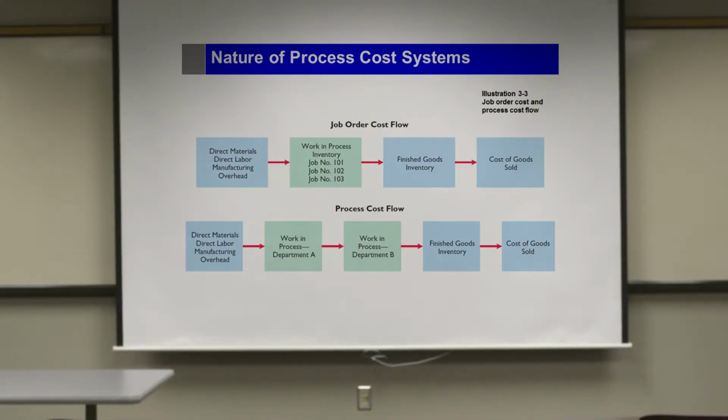Since there are distinct processes or departments, until the goods are finished, they remain in work in process, but you might have multiple work in process accounts: work in process for process A, work in process for process number 2 in department B, and so on. Once the processes are finished and goods are completed, they move to the finished goods inventory. From the finished goods inventory, when sold, they go to the cost of goods sold.